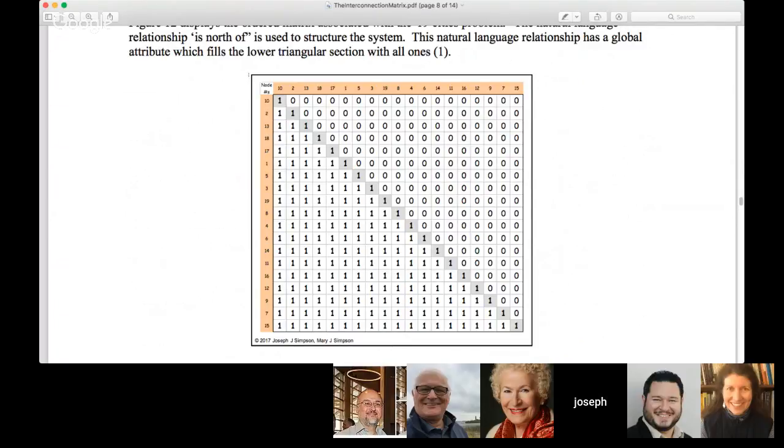A key takeaway from just looking at the graphics and the matrices is that once you've ordered either a global relationship, which is single-threaded, or a local relationship, which is multi-threaded, you have all 0s in the upper triangle.